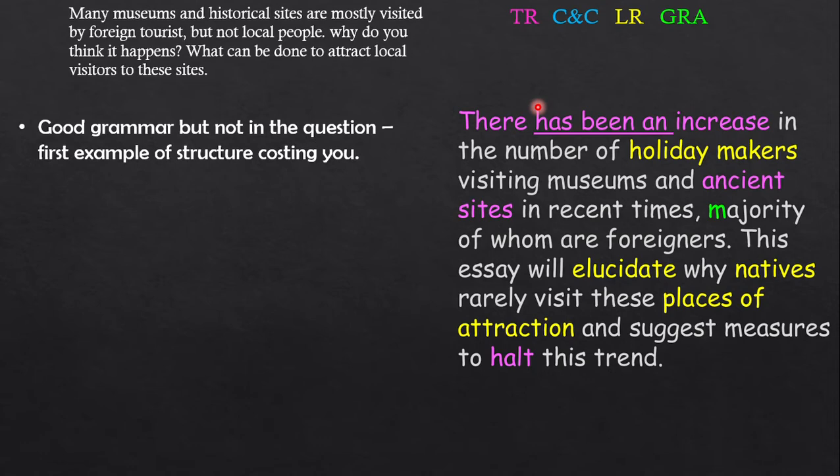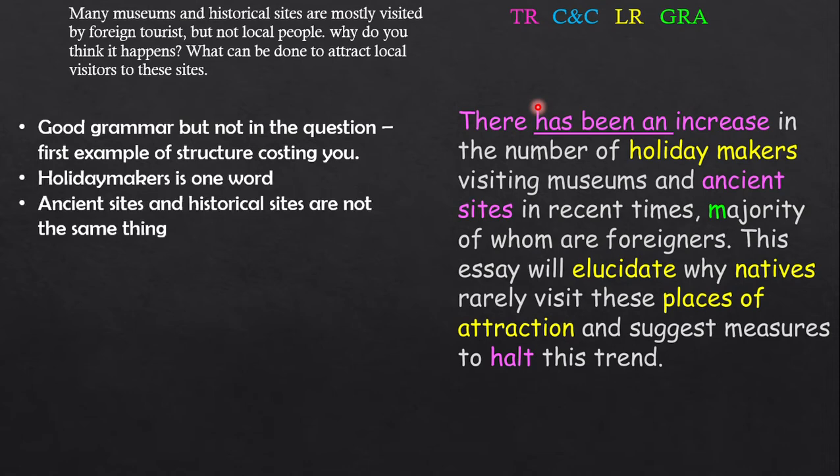"In the number of holidaymakers" happens to be one word. It's valid, it's a good choice, but it's one word: holidaymakers. And "ancient sites." Ancient sites. No. Historical sites and ancient sites are not the same thing. Ancient means very, very old, like 1,000 years.